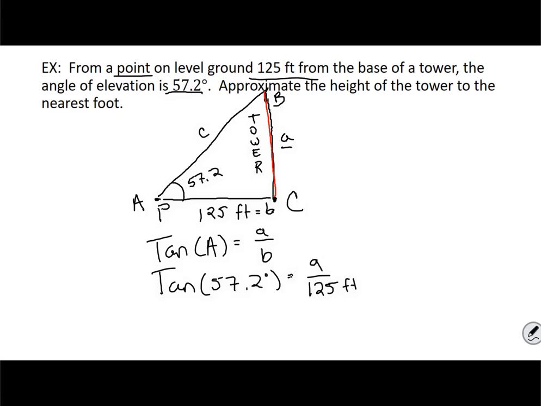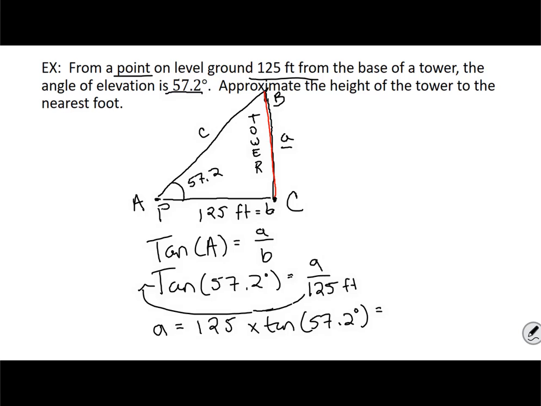All right, so now I simply move the 125 over and multiply. So now side A is 125 times tangent of 57.2 degrees.